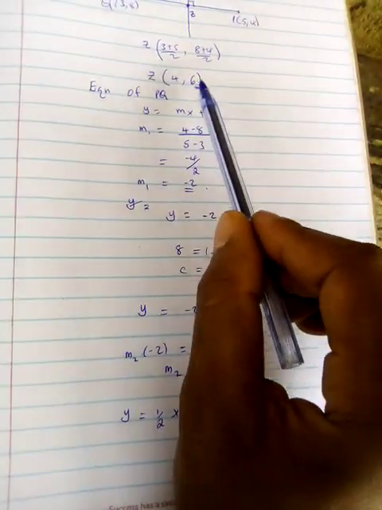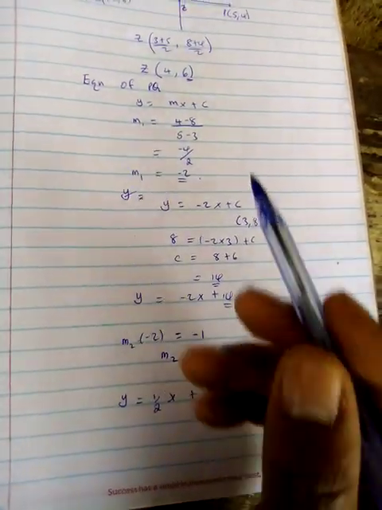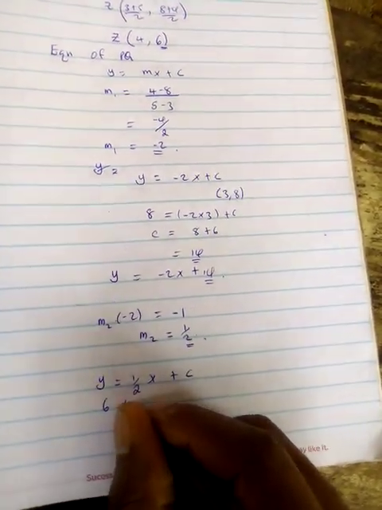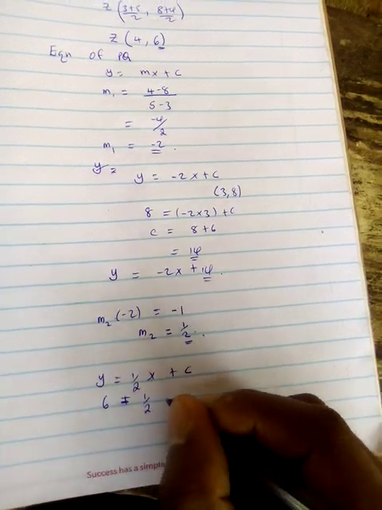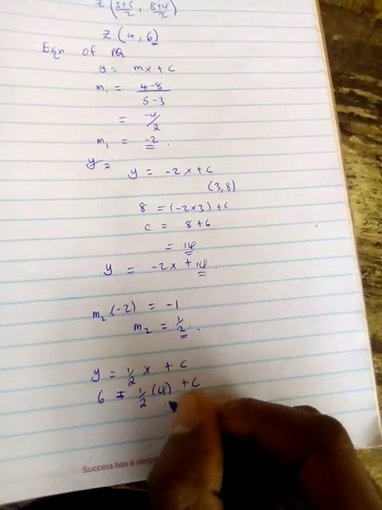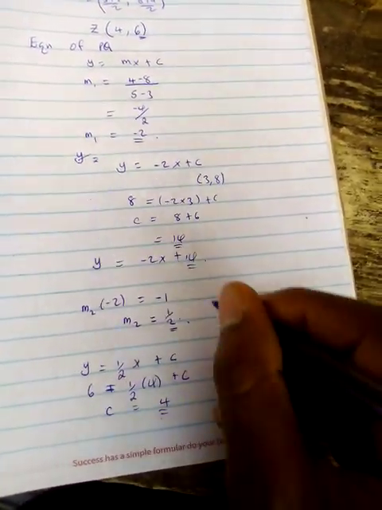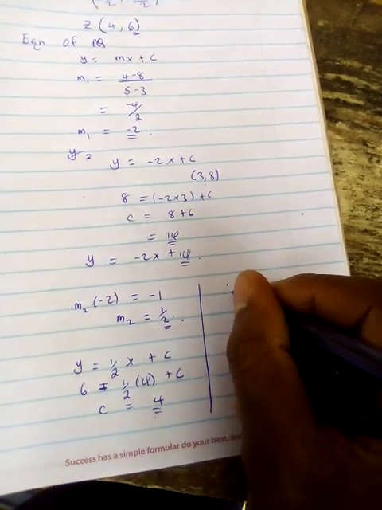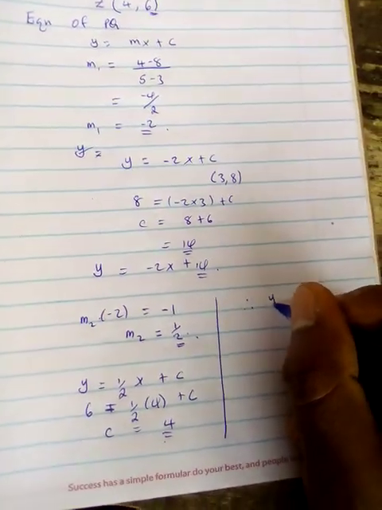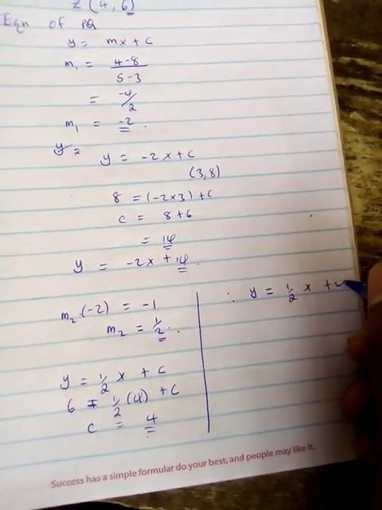I can use the midpoint, such that I have 6 on the y component equal to a half times x, which is 4, plus c. So this is going to be 2. Take it to the other side. My c is equal to 6 minus 2, which is 4, such that the equation of the perpendicular bisector takes the form y equals a positive half x plus 4.